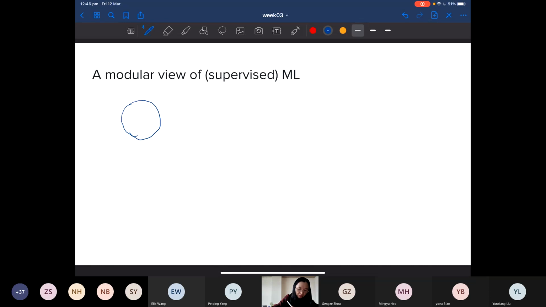So let's say there is the real world. Here's my poor drawing of a globe, right? From which we deduce what we call data, D. And it consists of sets of xi's and sets of yi's in regression or classification.